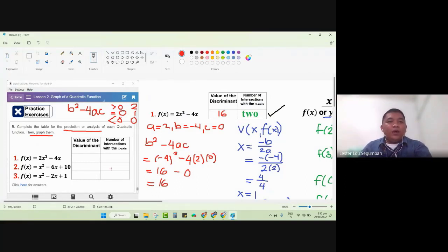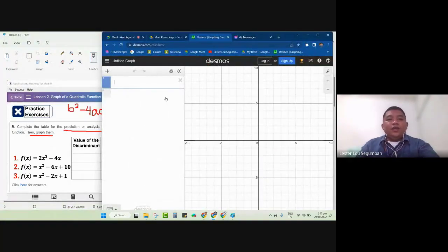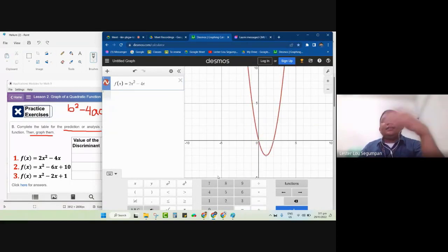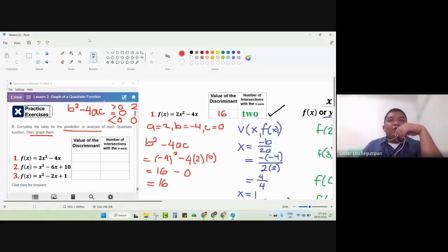So for number one, we have this function. You have your function f of x is equal to, you have your keypad here, 2x squared minus 4x. This is the graph. In our prediction, we have two intersections.